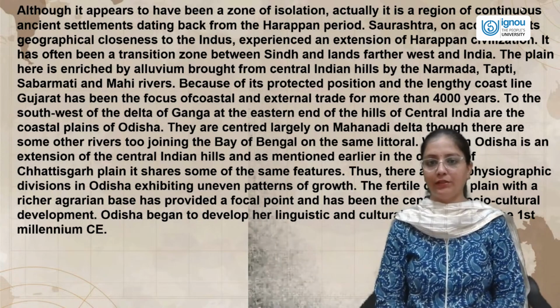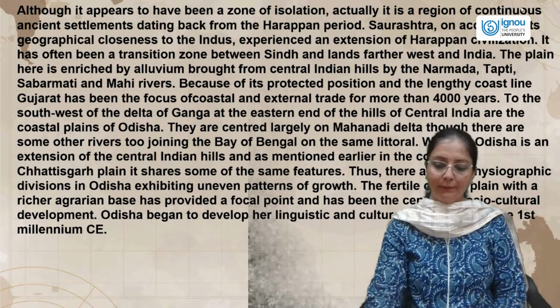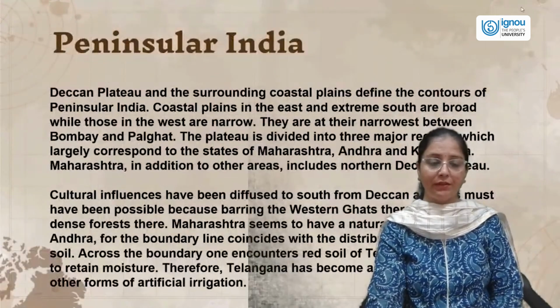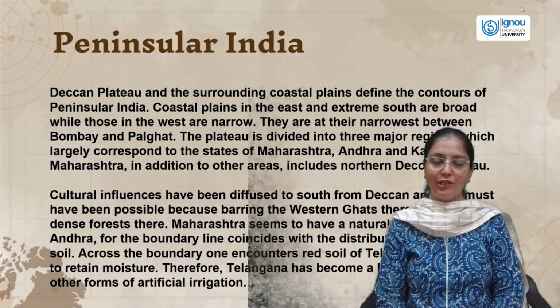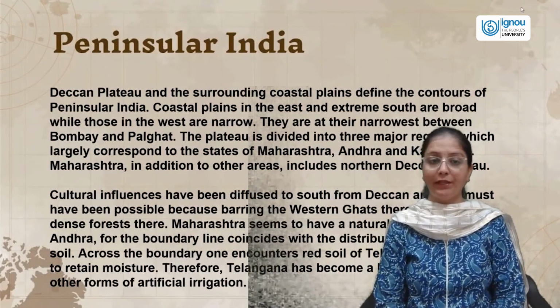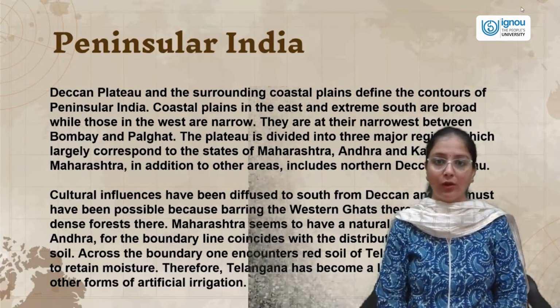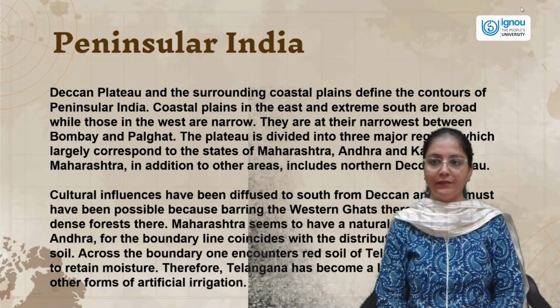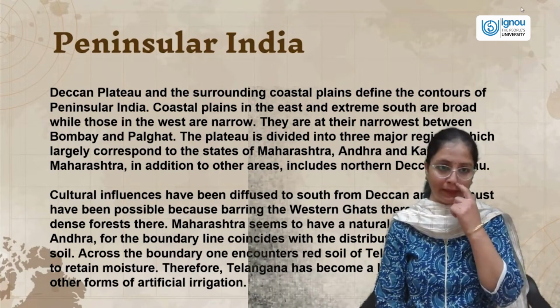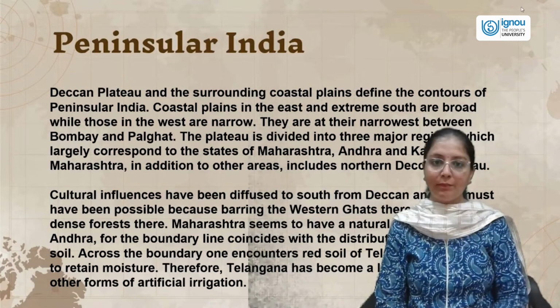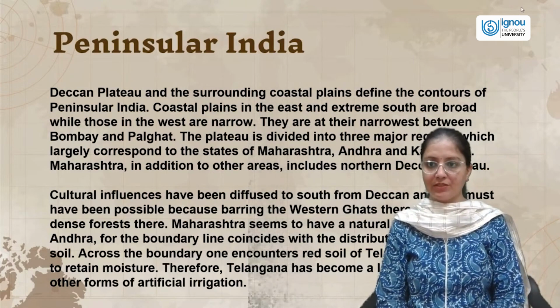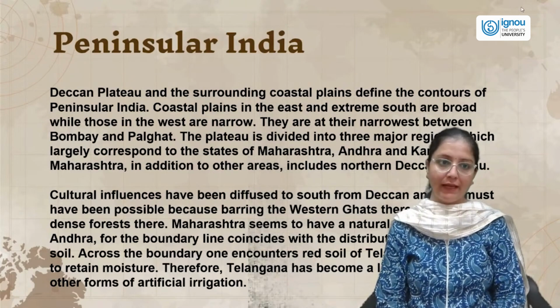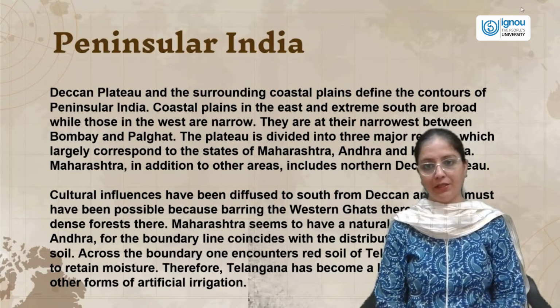Okay, next we'll be studying about peninsular India. Deccan Plateau and the surrounding coastal plains define the contours of peninsular India. Coastal plains in the east and extreme south are broad, while those in the west are narrow.